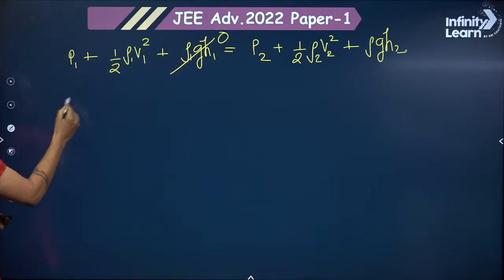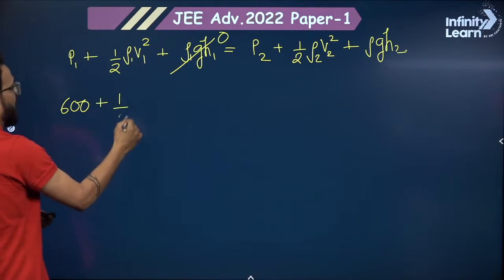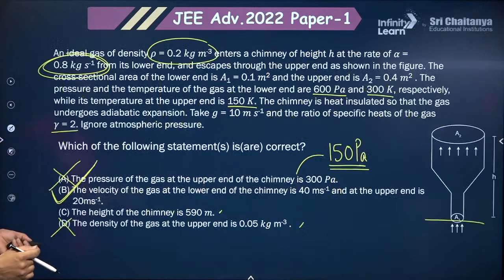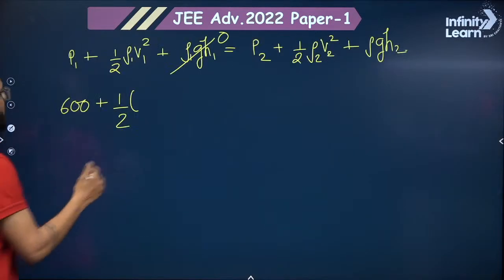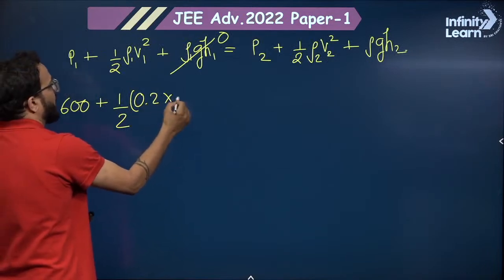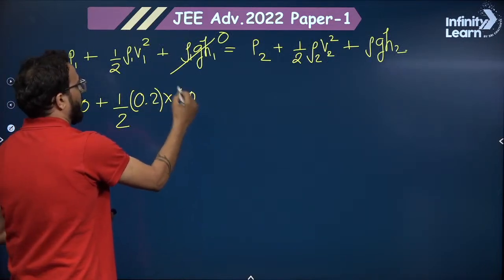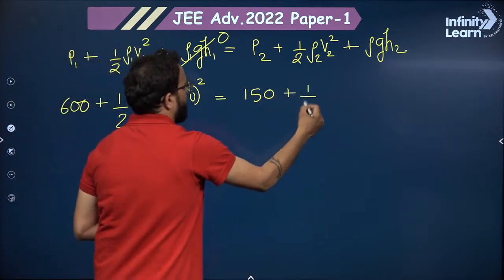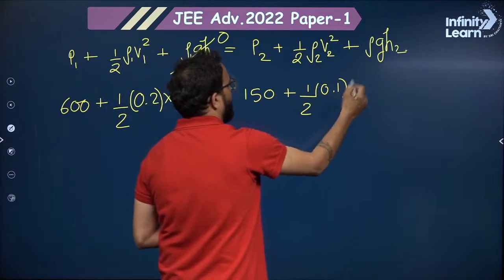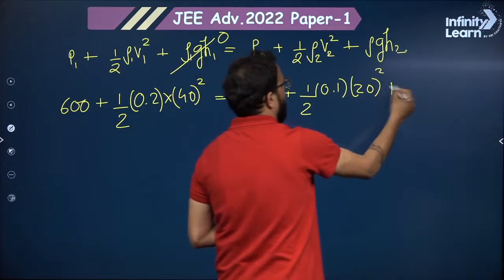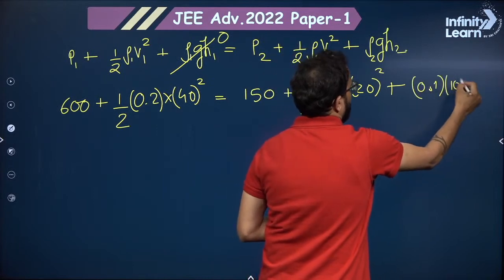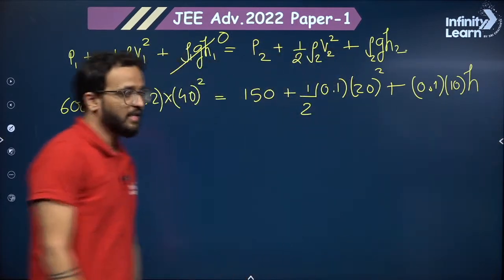So P1 is 600 plus half into rho 1. Have they given rho 1? Yes, 0.2. Very good. Rho 1 is 0.2 in the question. So 0.2 into 40 square is equal to 150 plus half into 0.1 into 20 square plus rho 2, which is 0.1, into 10 into h, right?